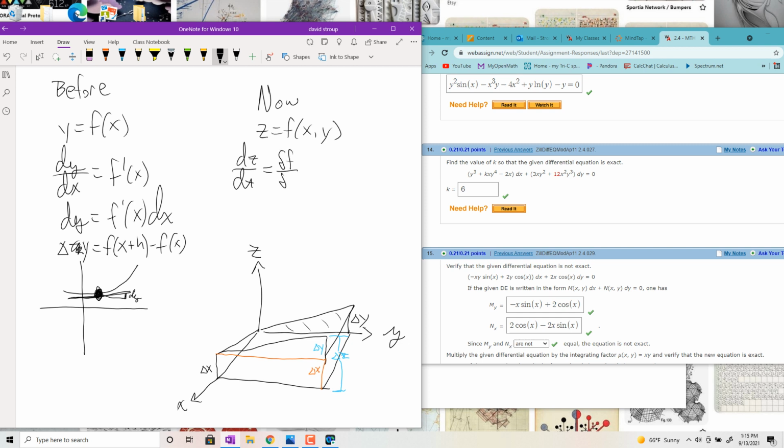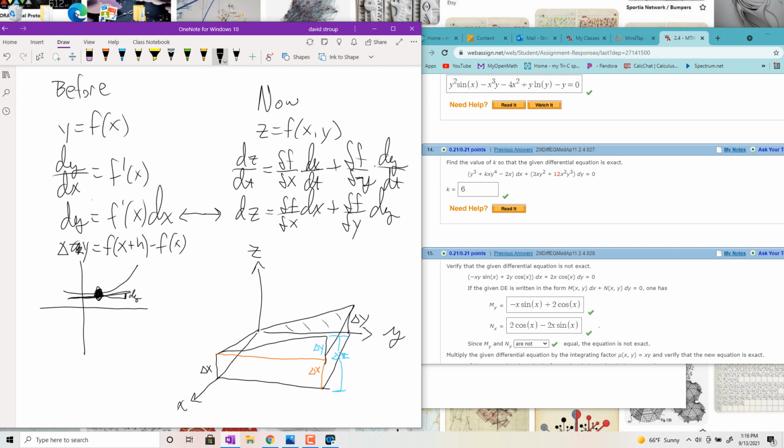There's the change in the x direction times dx over dt, plus the change in the y direction times dy over dt. And if you multiply both sides by dt, then you get the differential form, but the multivariable version of it. So you get dz equals the partial of f with respect to x times dx plus the partial of f with respect to y times dy.